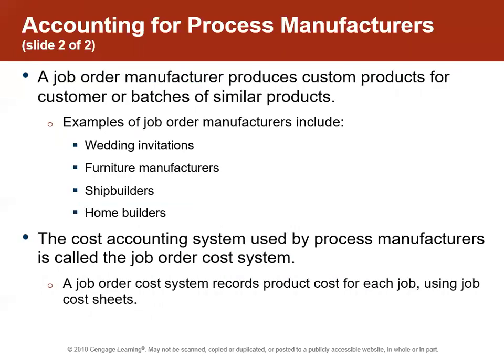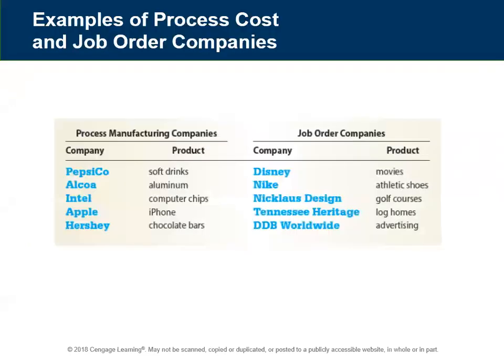We already dealt with job order last chapter, so we won't go back through that. This is just giving you some examples of process versus job order. Job order we covered in chapter 16. But for process, you're looking at soft drinks, aluminum, computer chips, phones, chocolate bars. Companies that make those items usually use process costing because their product is uniform.